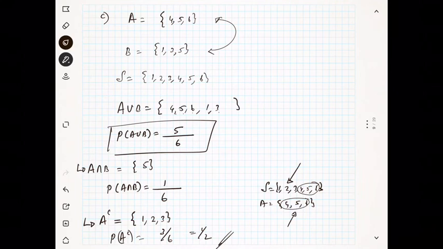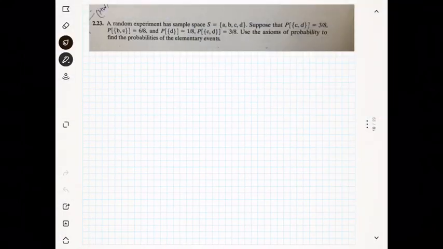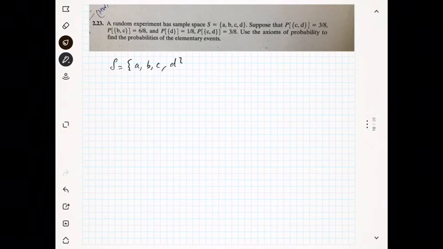Now we will see another problem. A random experiment has a sample space S, given as A, B, C and D, and you can also assume that all are mutually exclusive. That means if one event happens, the other will not happen.